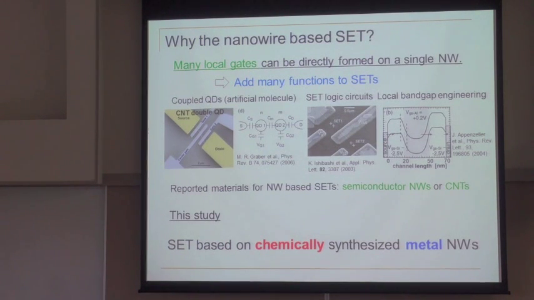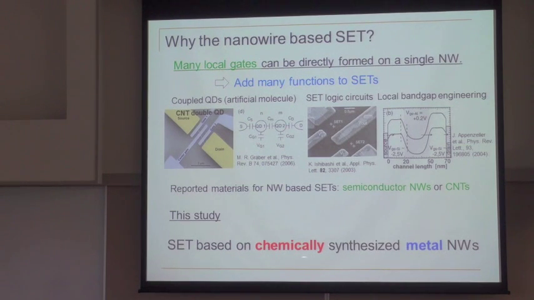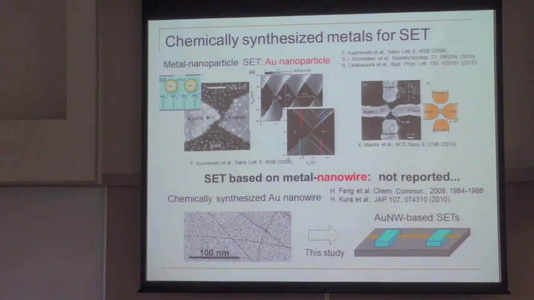So in this study, we fabricated a SET based on chemically synthesized metal nanowires. As chemically synthesized metals for SET, only gold nanoparticles were reported.